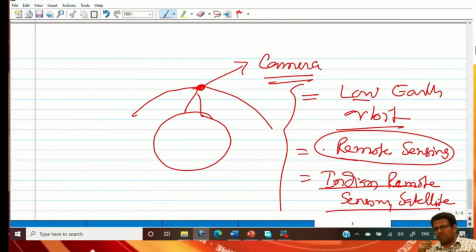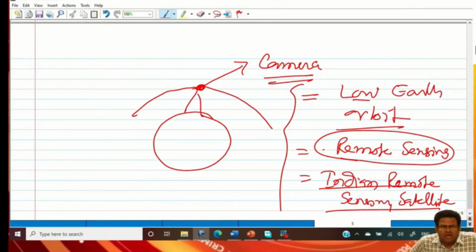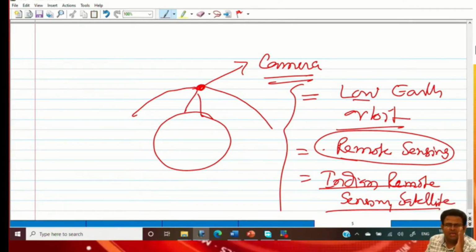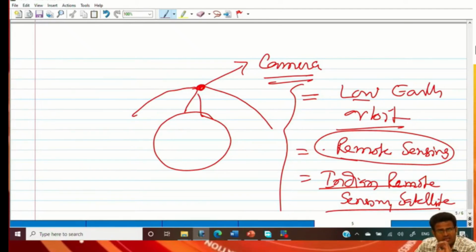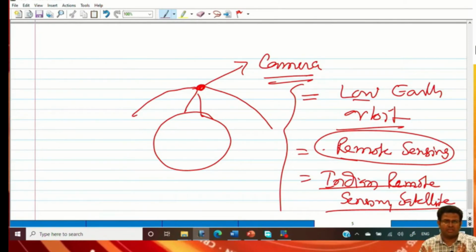So for the radars of China and Pakistan, which satellite and in which earth orbit should I send my satellite? It is low earth orbit, and these are known as IRS, Indian Remote Sensing. From remote it is able to sense each and everything, so it is considered a remote sensing satellite.